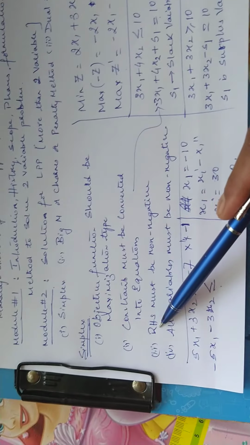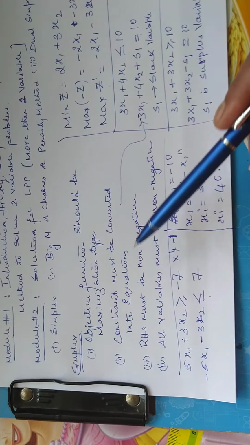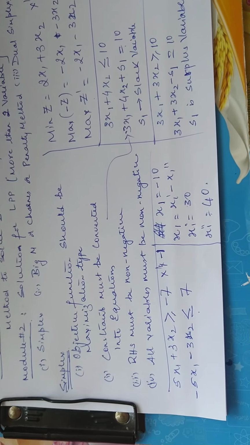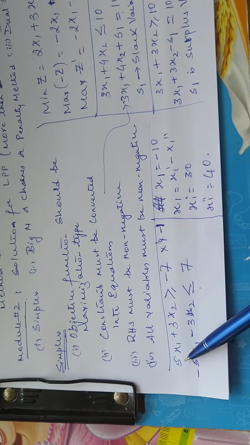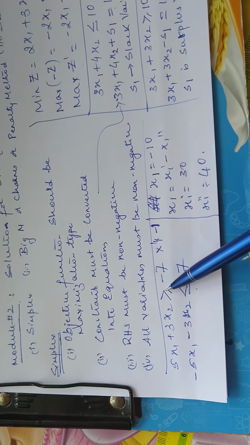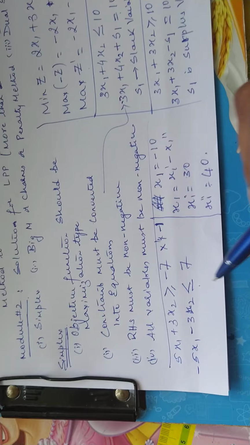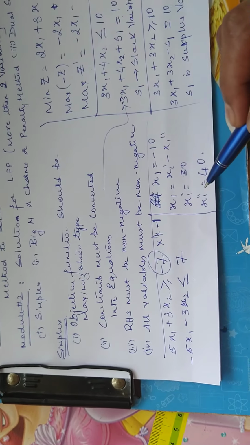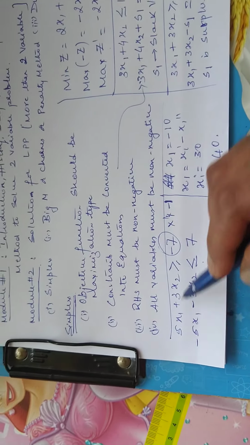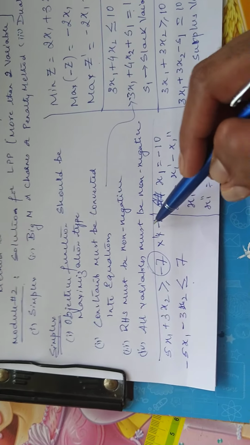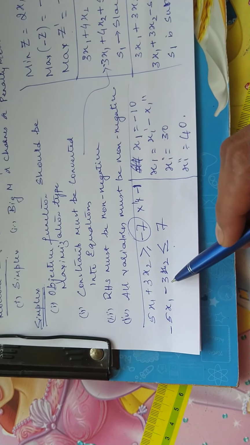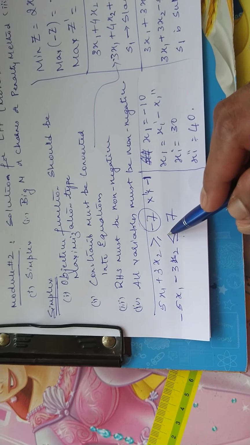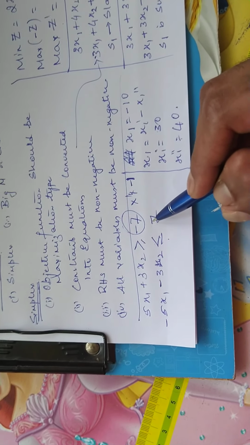The third condition says that the RHS must be non-negative. Say for example, there is an equation which is given as 5x1 plus 3x2 is greater than or equal to -7. We cannot have a negative value here in the RHS. So we multiply the whole equation by -1, which then converts the equation to -5x1 minus 3x2 is less than or equal to 7.